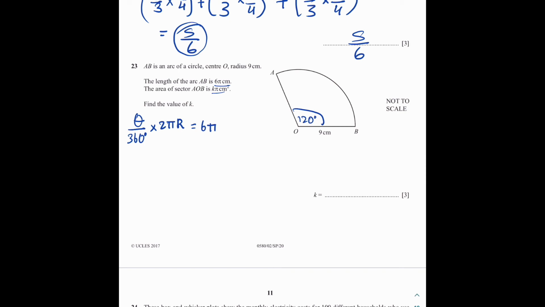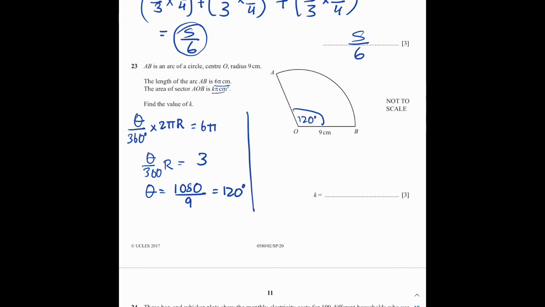We take the 2 pi over here, so theta over 360 times r equals 6 pi over 2 pi, that's just 3. I'm going to multiply 360 times 3, that's 1080, and divide that by r, which is 9, which gives us a 120 degree angle.